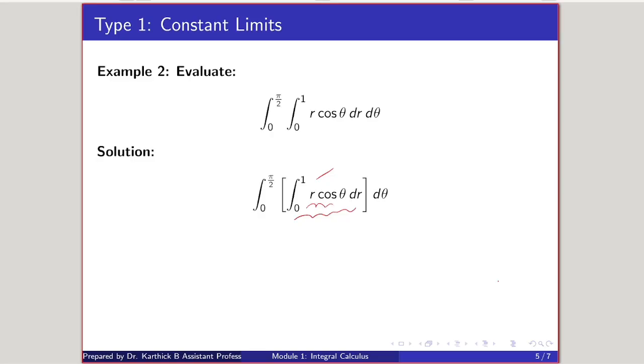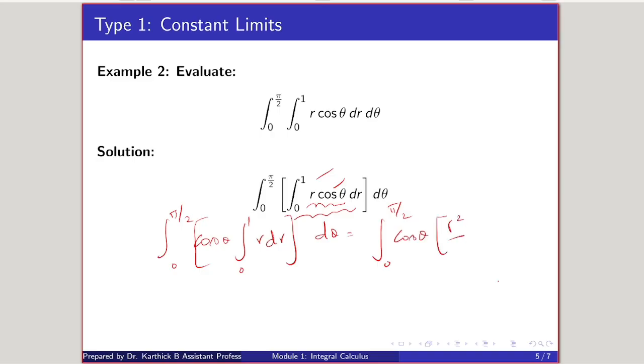With respect to r, the theta term becomes a constant, so we may keep this cos theta before the integral. Then we integrate r, which becomes r square by 2, from 0 to 1, then d theta from 0 to pi by 2.